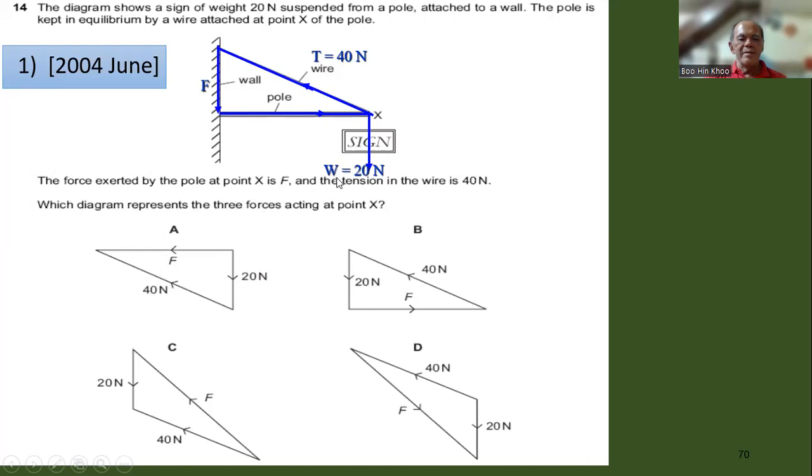F is our weight. Sorry, our weight, we can draw it here. Then we have the three forces. There's the force from the wall, there's the tension, there's the weight.